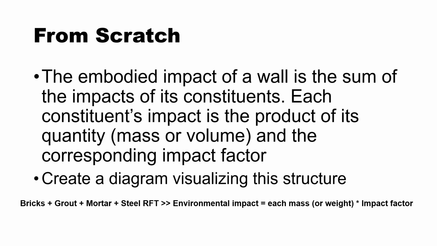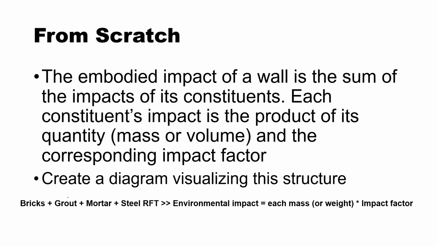So summing the impact of each of these components would give me the total impact of constructing the wall. And to calculate the impact of each constituent, so the bricks alone and the blocks alone and the grout alone, I need to calculate either the mass or the volume of each constituent and multiply it by an emission factor. This is the easiest way to describe this calculation.